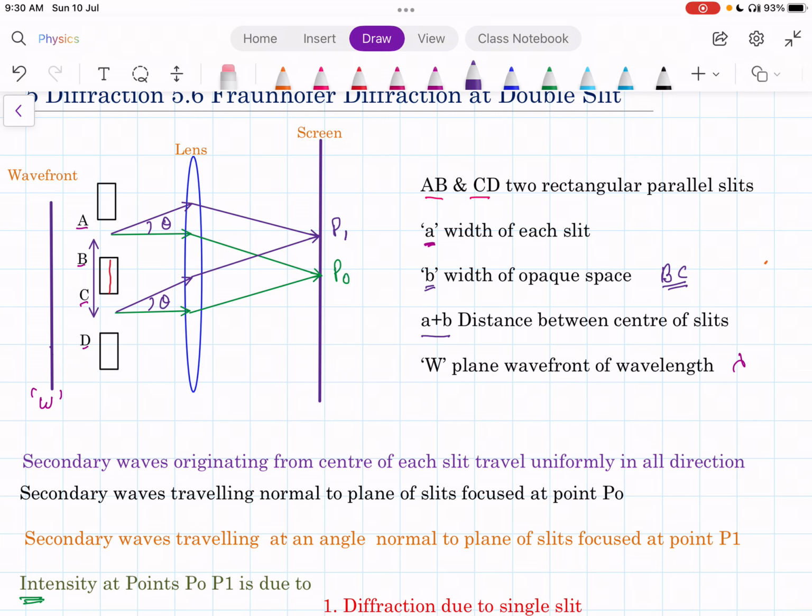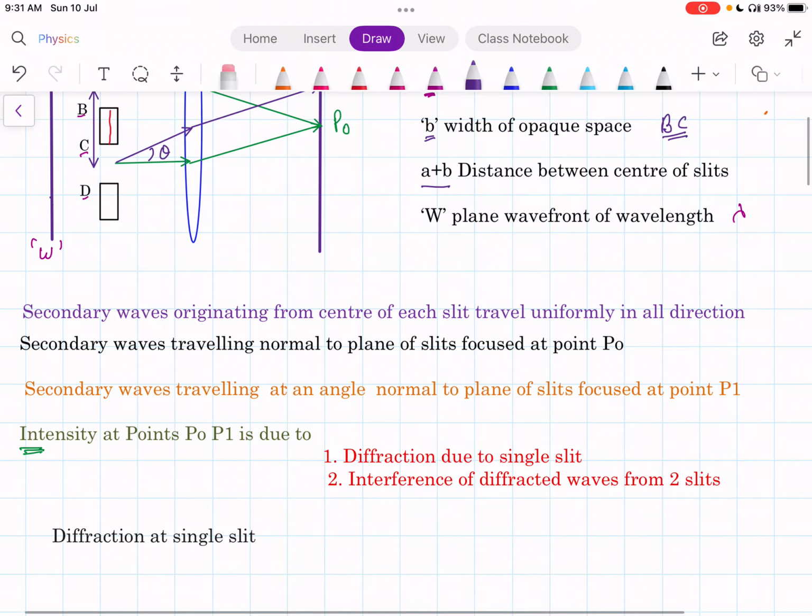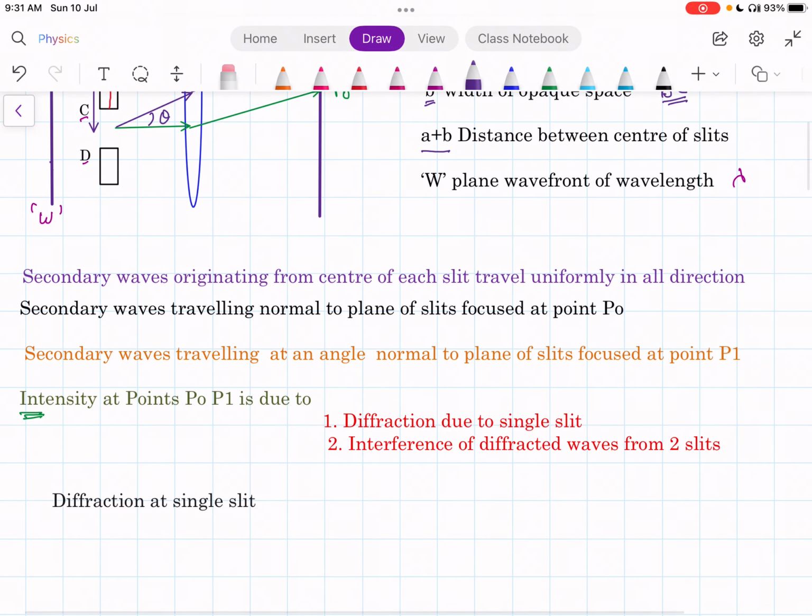So at points P0 and P1, we will get some intensity, and that intensity would be a combination of interference and diffraction. So the intensity at point P1, as I said, is because of interference as well as diffraction.